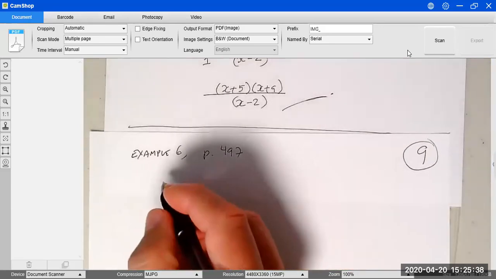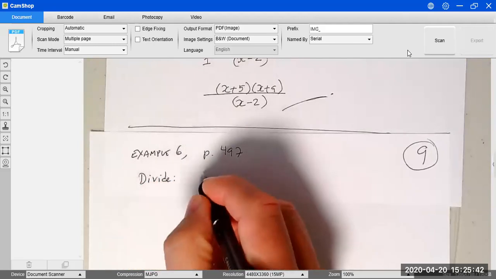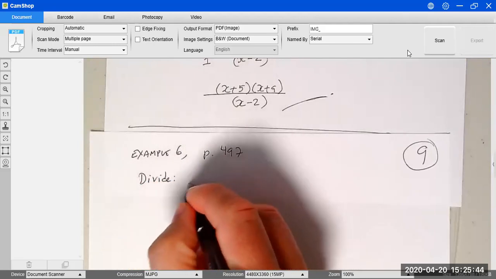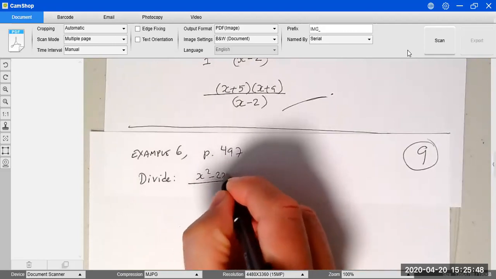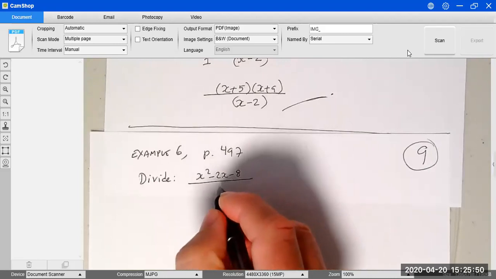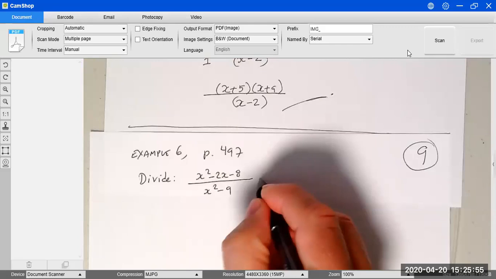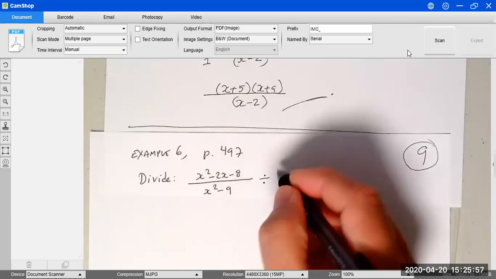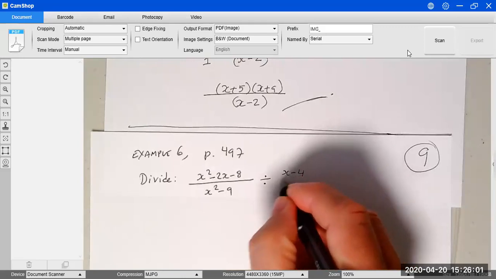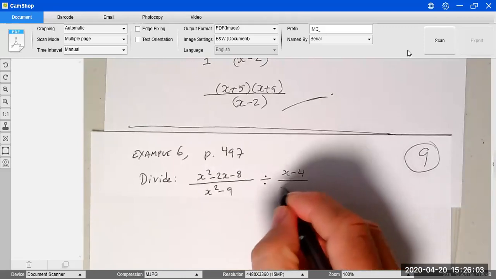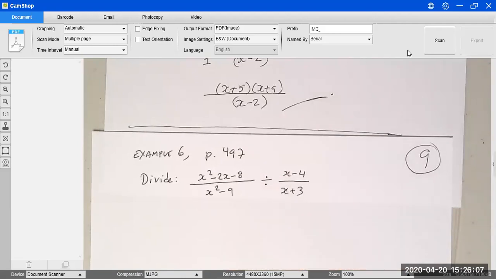So we're gonna divide, and we have our first rational expression is x squared minus 2x minus 8 over x squared minus 9, and this is divided by a second rational expression, which is x minus 4 over x plus 3. So this is the way that the exercise is presented in your book.